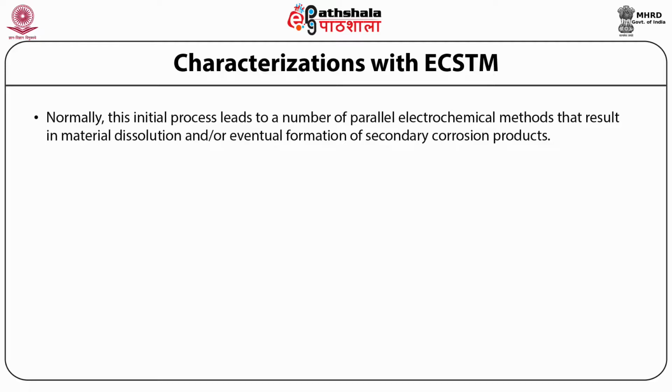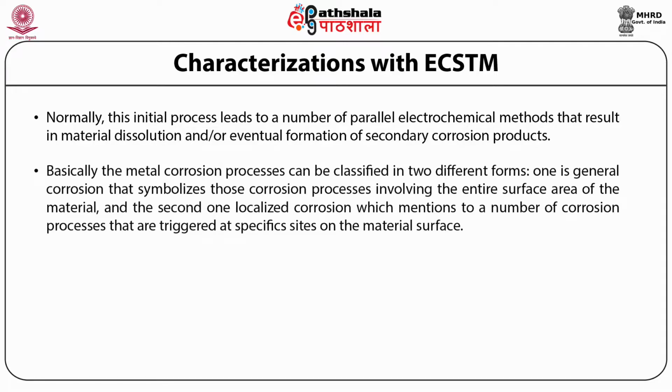We continue with this application part. Normally, this initial process leads to a number of parallel electrochemical reactions that result in material dissolution and eventually formation of secondary corrosion products. Basically, the metal corrosion process can be classified in two different forms.